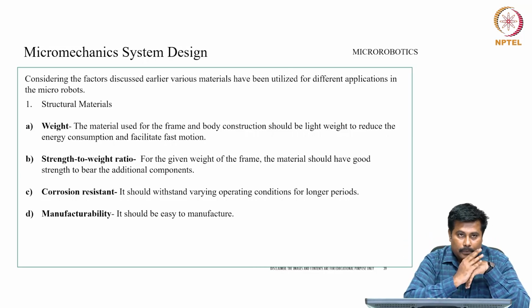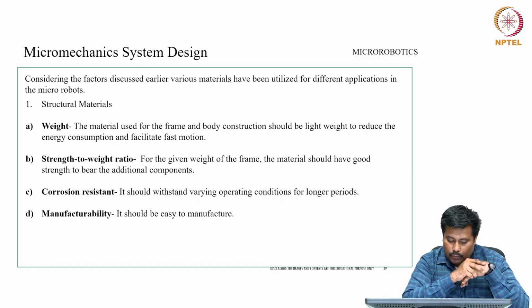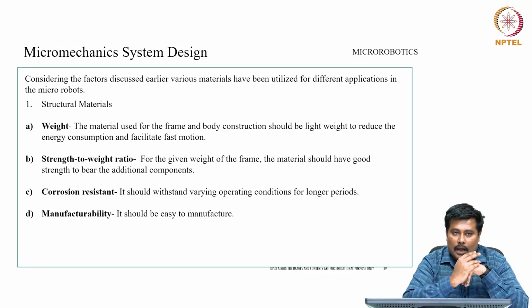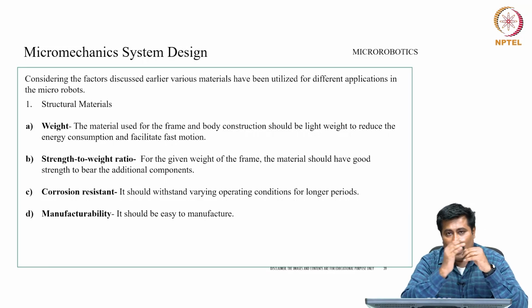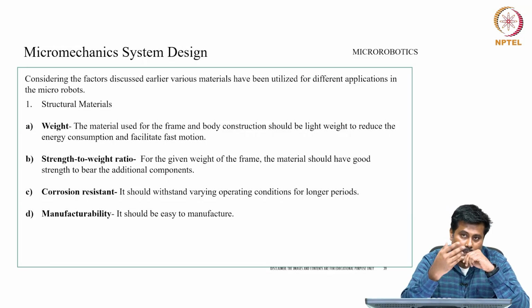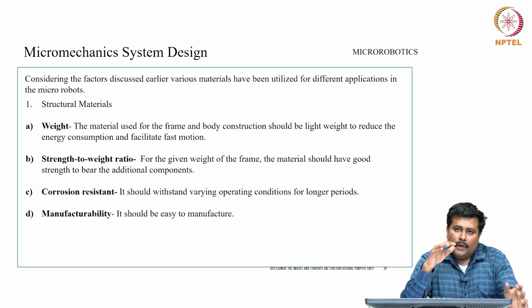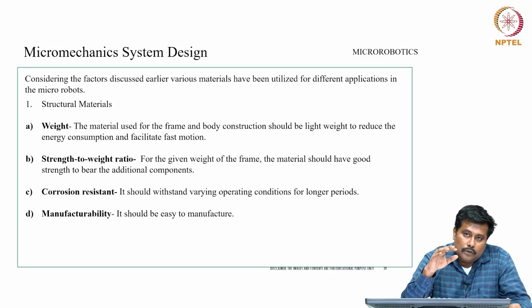The next important point is with reference to strength to weight ratio. For the given weight, the material should have the strength to bear the additional components, basically the payloads we are working upon, as well as the capability to maneuver with the available load or onboard systems which are deployed here.